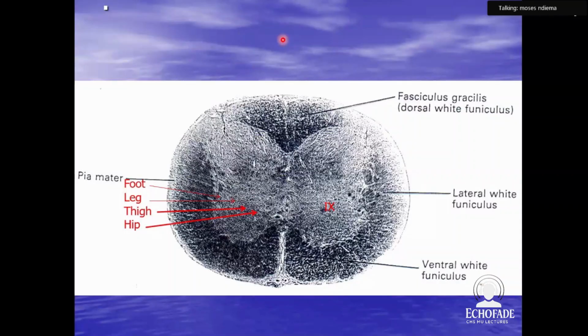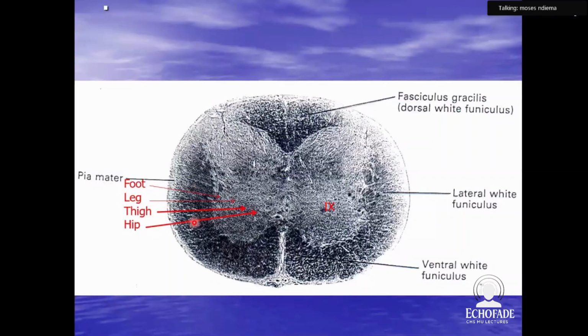We talked about somatotopic representation, and it's important for you to know that there is one-to-one topographic mapping. The body is mapped onto the part of the brain or the spinal cord. So as this ascends, from these cell bodies, they go to other parts of the spinal cord and ascend.